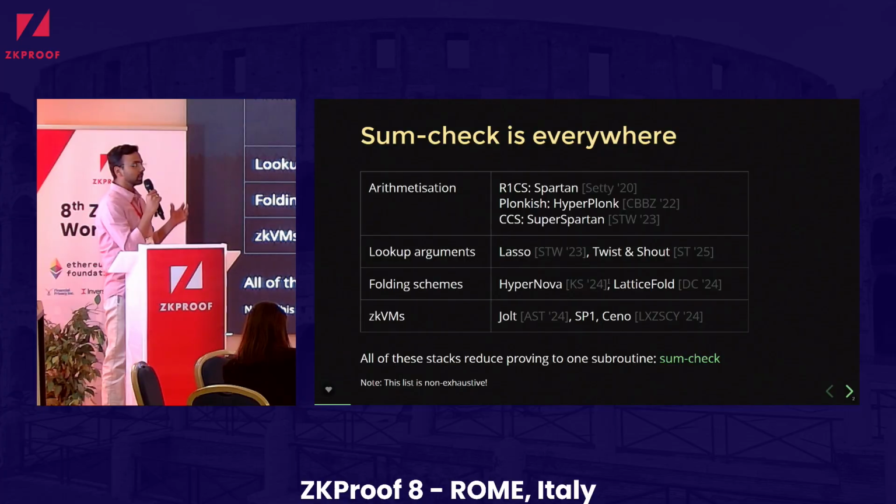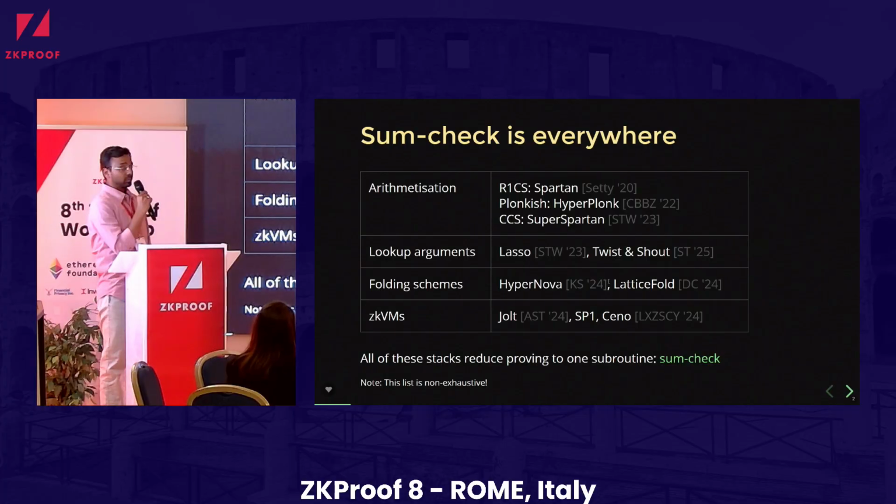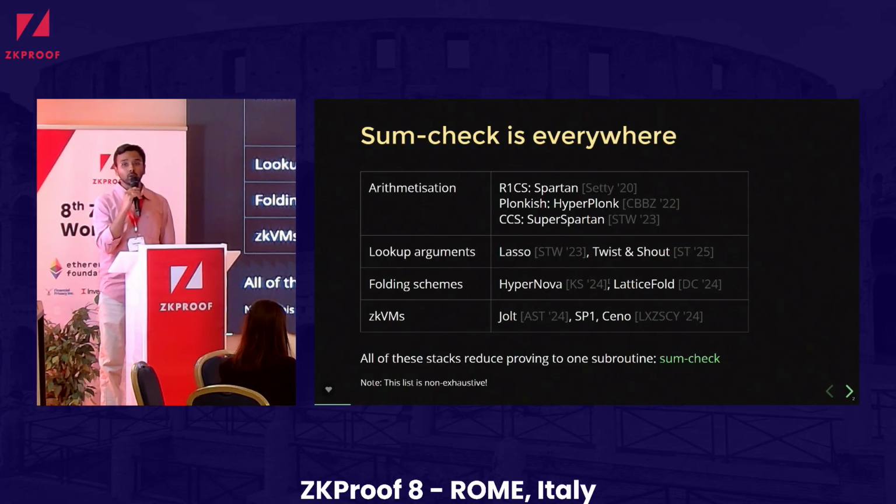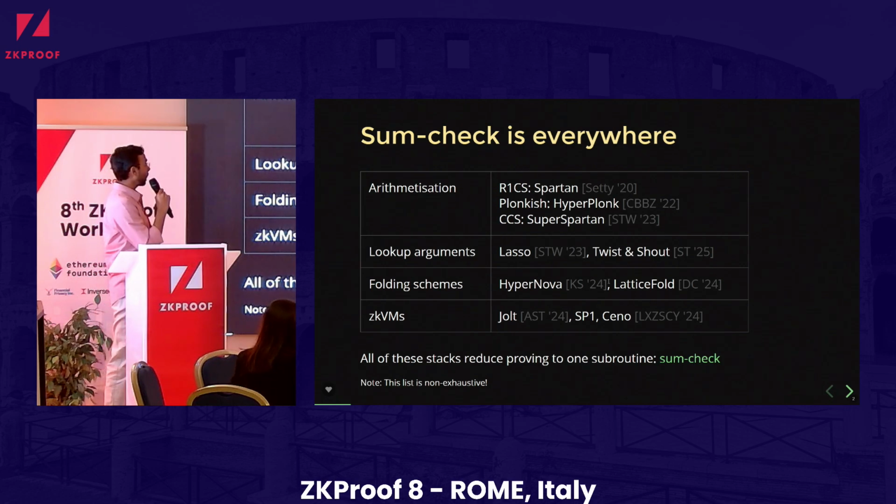Everything's kind of boiling down to one or multiple instances of sum check. And obviously this list is non-exhaustive. There are a lot of other papers or ideas that use sum check as the main primitive.